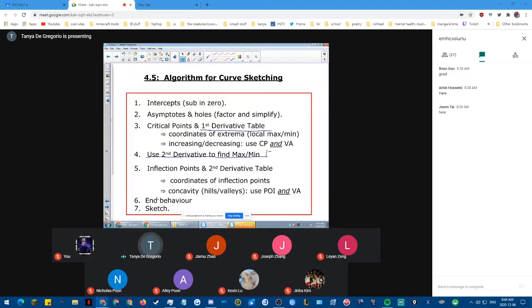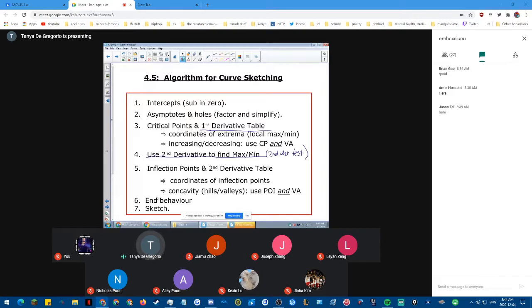So one or the other, not both. The second derivative table, yes, you're going to do it, because if you come out with a possible inflection point, you have to test it to check if it's actually a point of inflection.